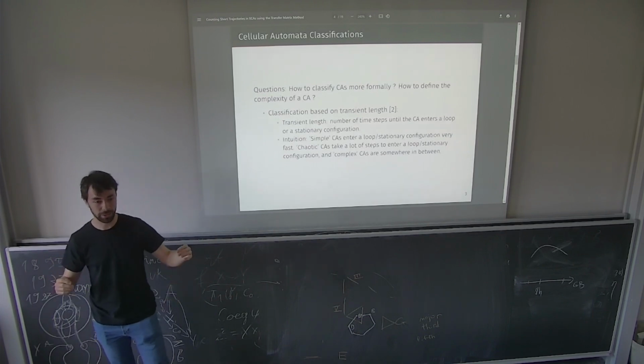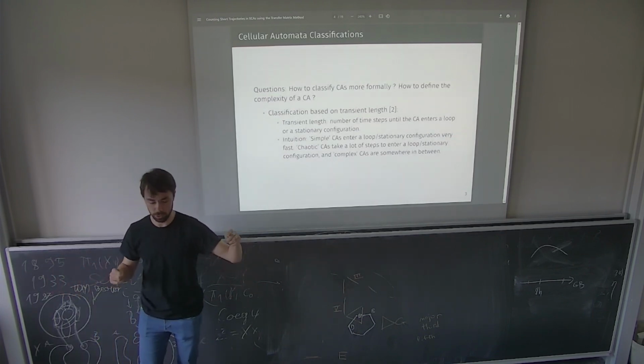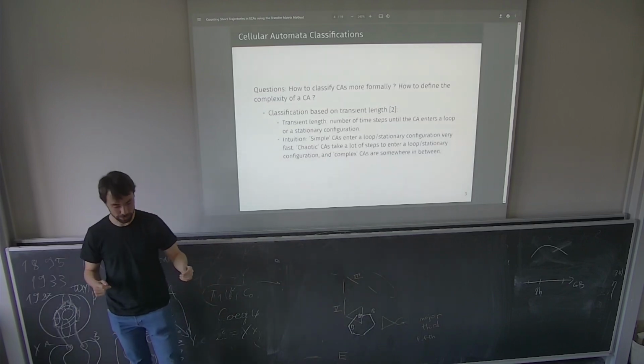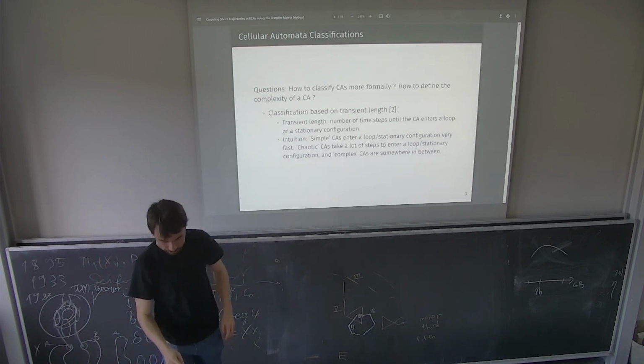The transient length is the number of time steps you take before you enter a loop. The idea is that simple cellular automata will enter a loop very fast, chaotic ones will take a very, very long time before entering one, and complex ones ideally are in between.